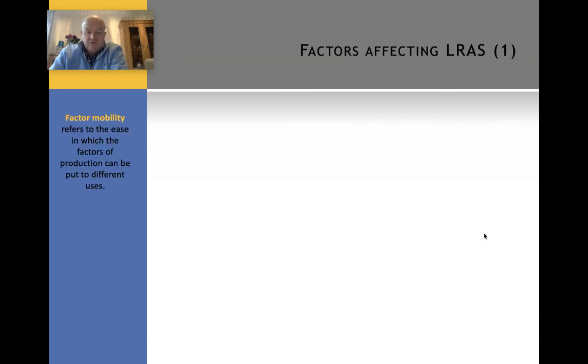So let's take a look at some things that might affect long run aggregate supply then. We talked about factors of production, and in this case, if we look at factor mobility, that refers to the ease with which you can use factors of production and use them in a different way. Obviously, if there's less factor mobility, then that's clearly going to have an effect.